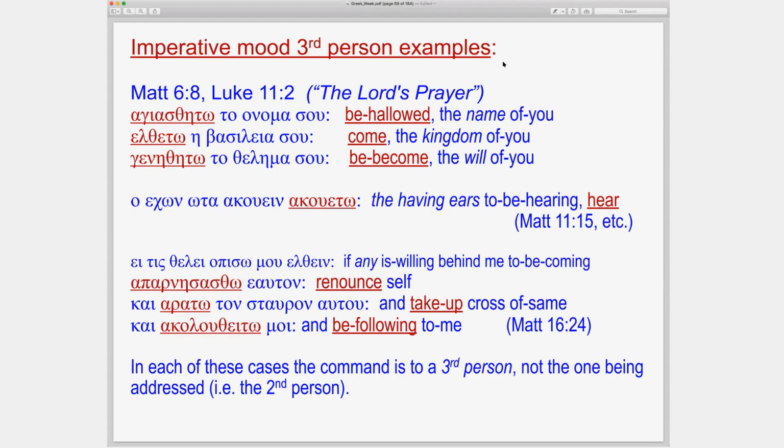He's speaking to God, but making it an imperative that God's name is sanctified. So he's speaking to God, but the third person is the name. You get that? Be hallowed the name of you. Come the kingdom of you. Be done the will of you.